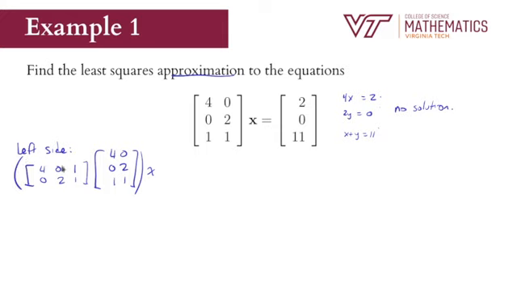We can solve that side by the column row rule. We're pairing up the column 4, 0 and the row 4, 0, then the column 0, 2 and the row 0, 2, and finally the column 1, 1 and the row 1, 1.